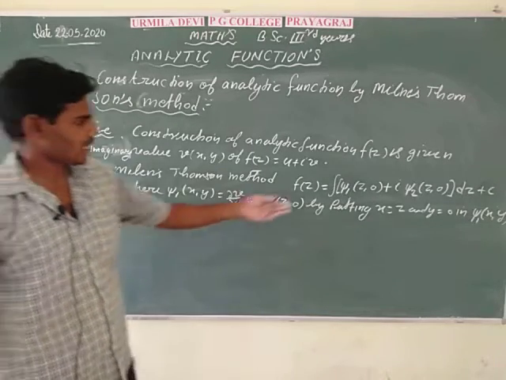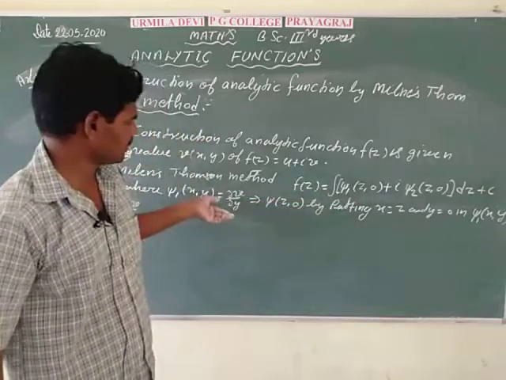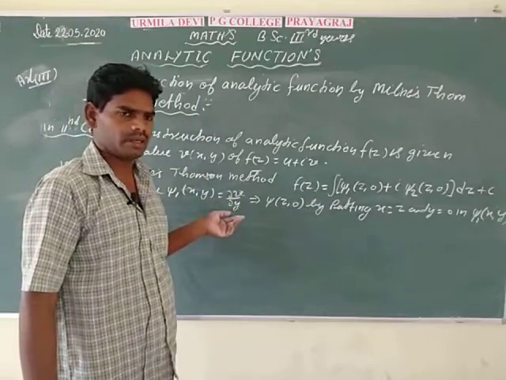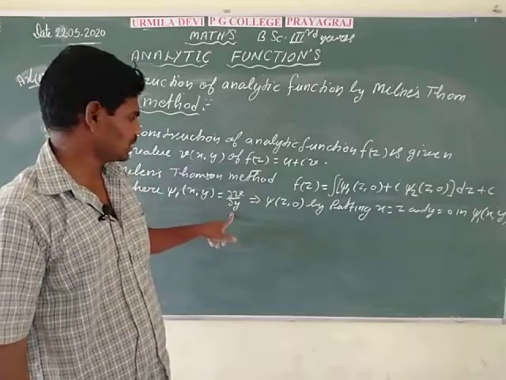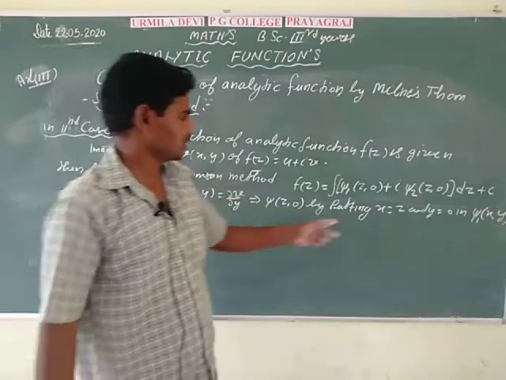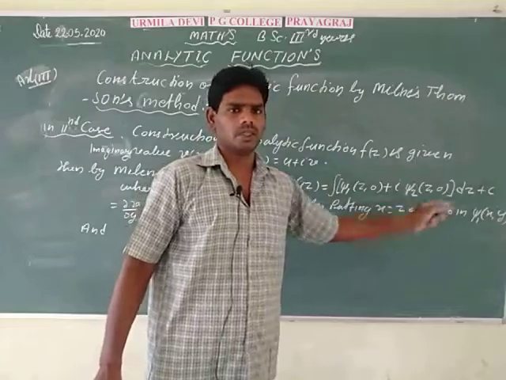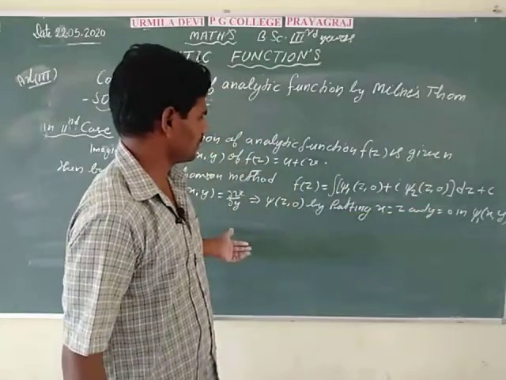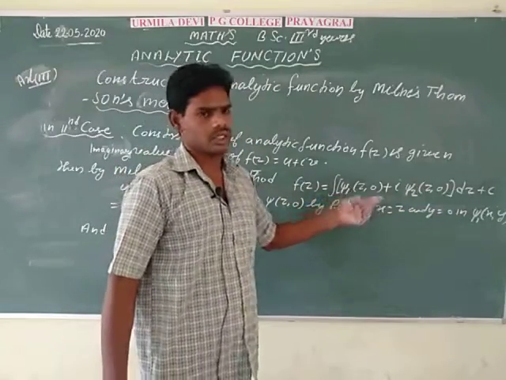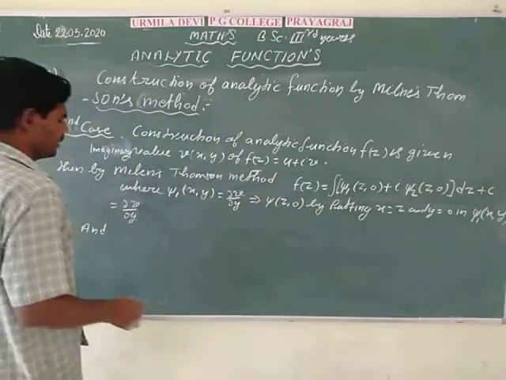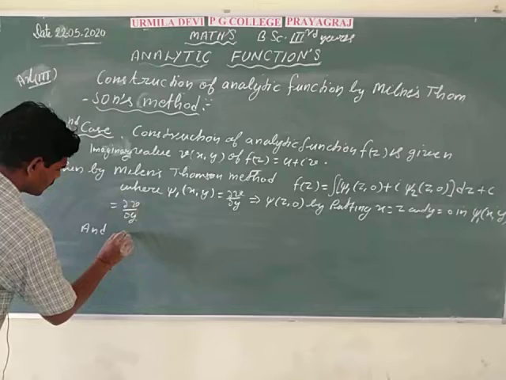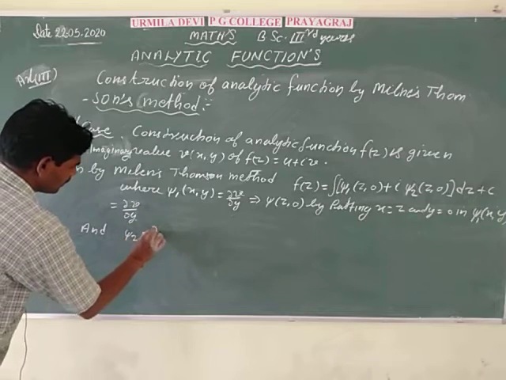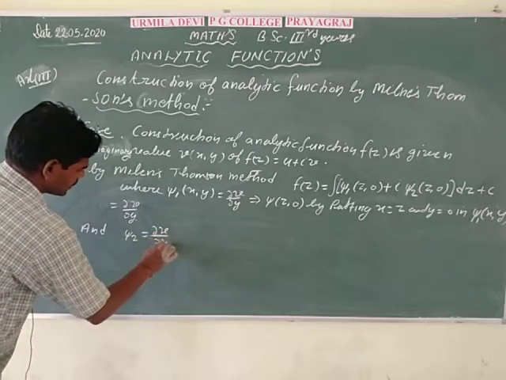Here psi 1 is the partial differentiation of given imaginary small v with respect to y. Calculate this, then put x equal to z and y equal to 0, so we confirm the value of psi 1(z, 0). Similarly, the value of psi 2: psi 2 is equal to del v by del x.